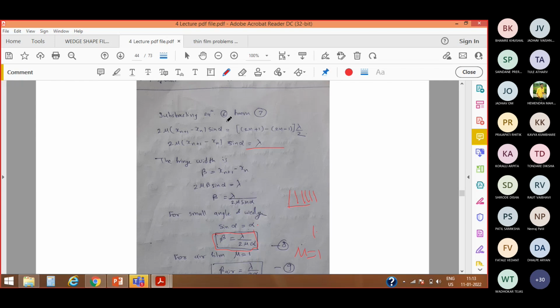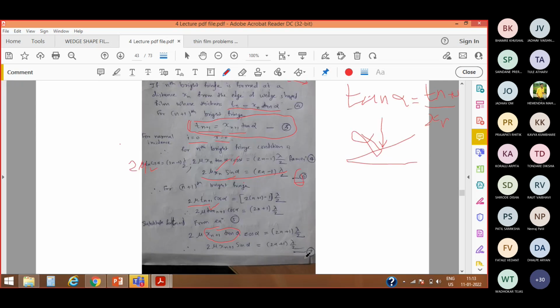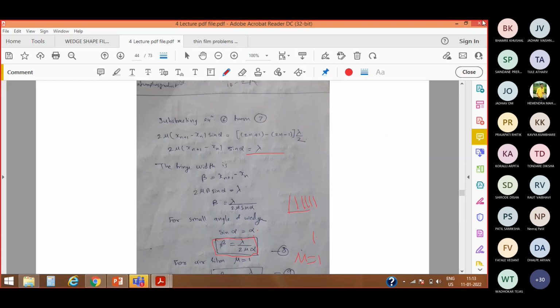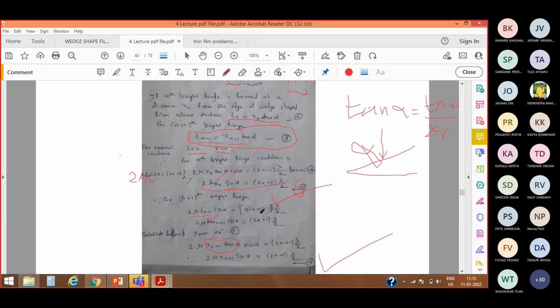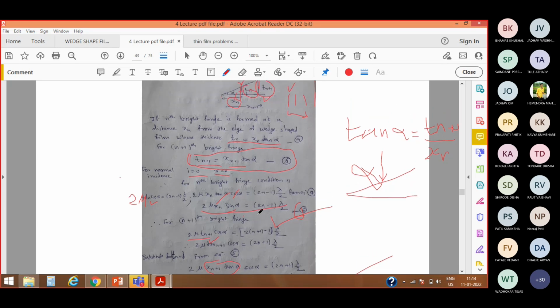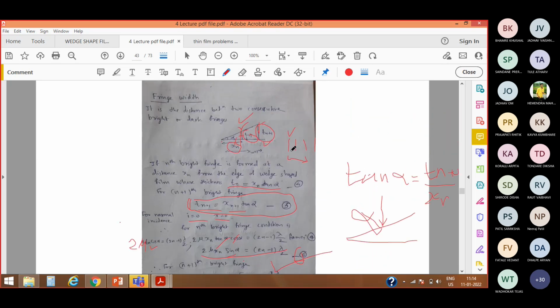Subtract equation 6 from 7. Subtract equation number 6, that is this one, from the 7. Then what I will get? 2 mu into x of n plus 1. Why do we need to subtract? Because we need to find the distance between two fringes. We need to find the distance between two bright fringes or dark fringes.